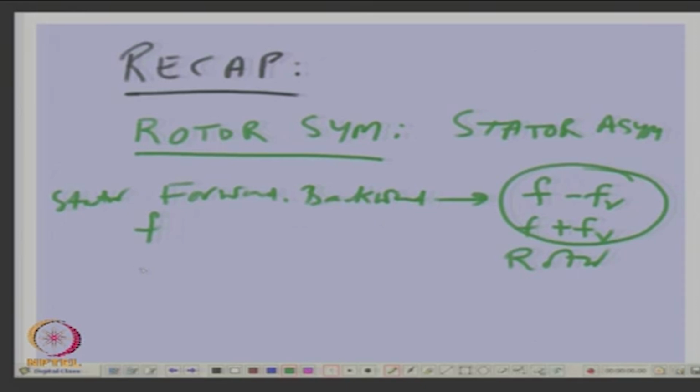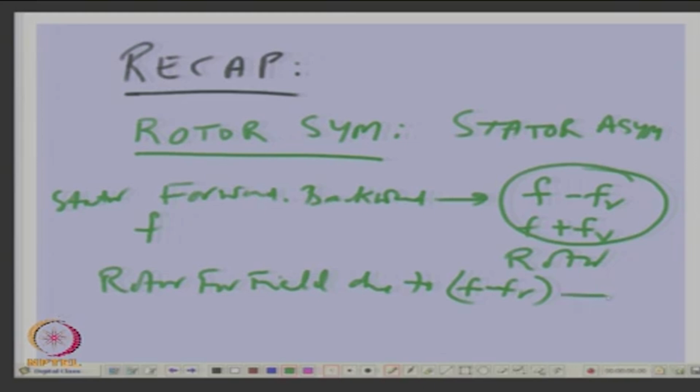Rotor symmetrical means this rotor forward field, due to f minus fr, because the rotor is symmetrical, will give rise to only positive sequence currents of frequency f minus fr, is it not, only positive.